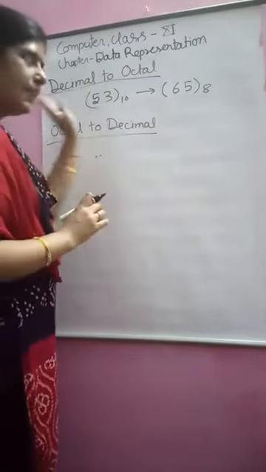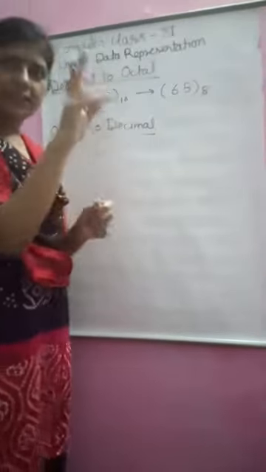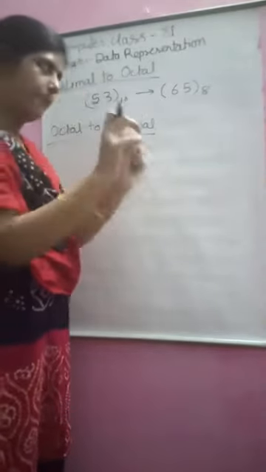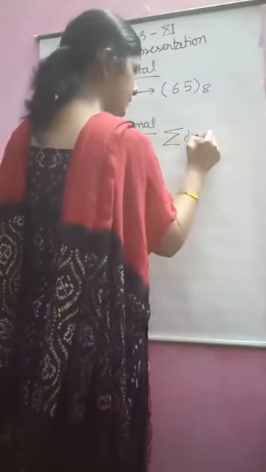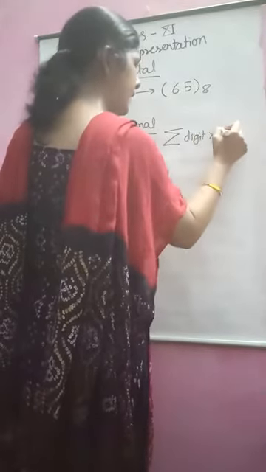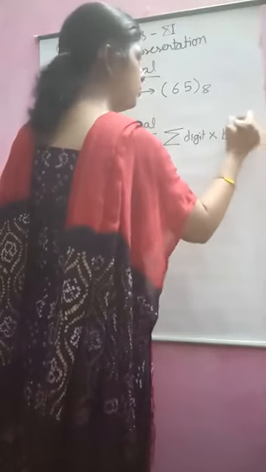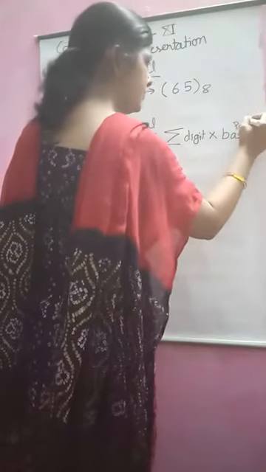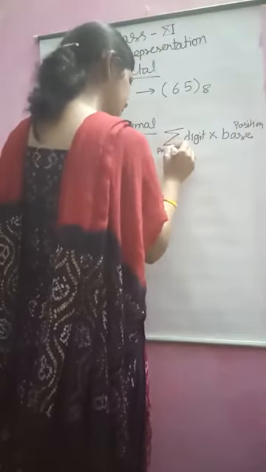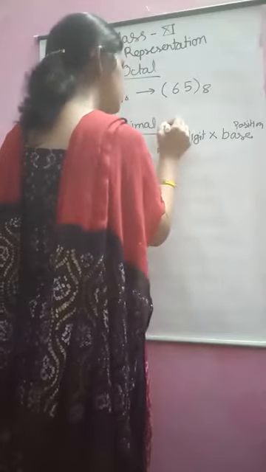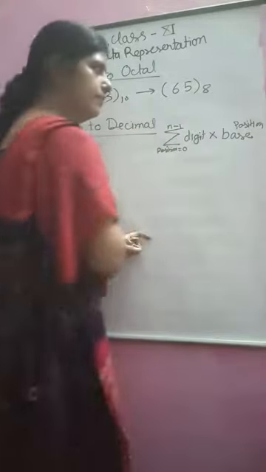To convert any number to decimal, there is one formula and it is the same for all: the summation of digit multiplied by base to the power position, where the position value is from 0 to n minus 1.